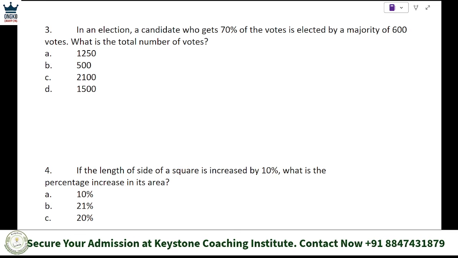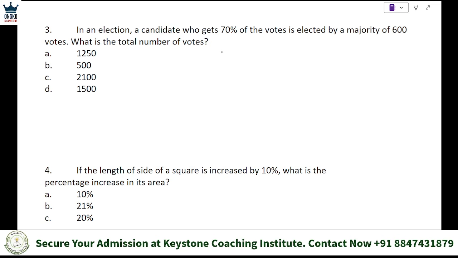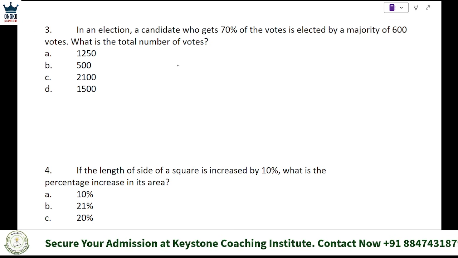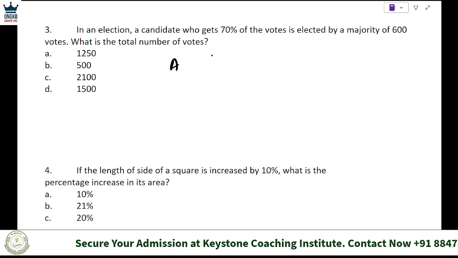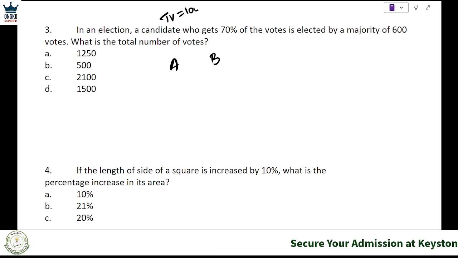So here we have two candidates. A candidate who gets 70% of the votes is elected by a majority of 600 votes. Let's say the candidates are A and B. Total votes is 100%, and we need to find this.